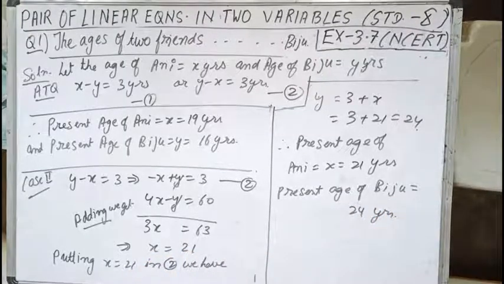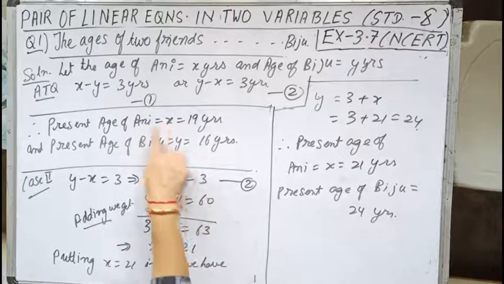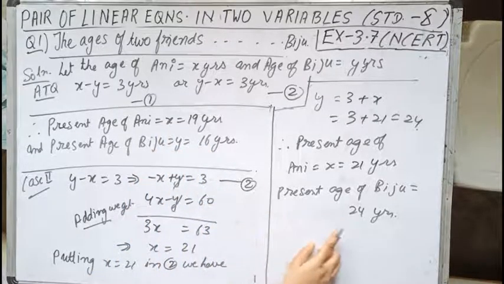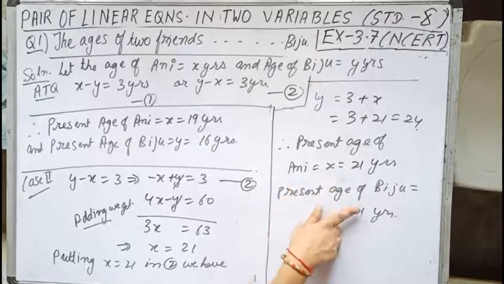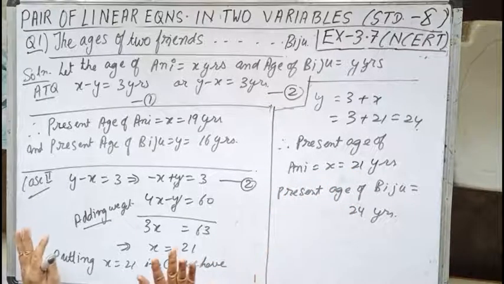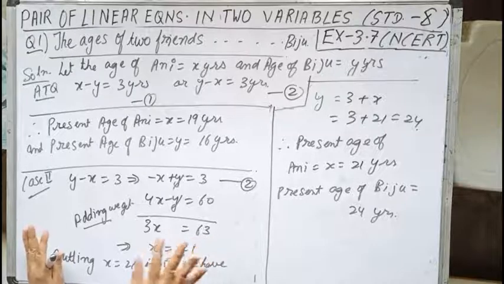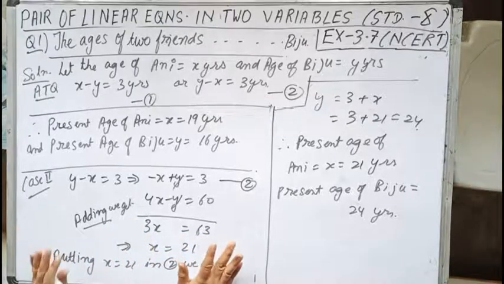So here two cases are there, when x minus y is 3 and y minus x is 3. So for both the cases we are getting two pairs of solution answers. The first pair of answer is 19, 16 of Annie and Biju, and the second pair of answer is 21, 24 of Annie and Biju. Hence children, solve accordingly. Solve in your own way with concept. You will be able to get the answer easily.